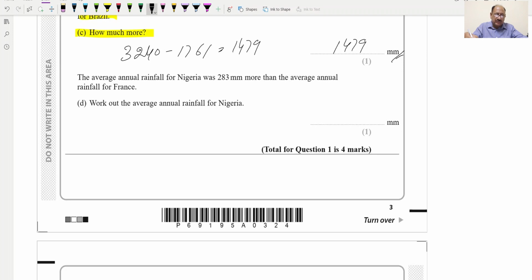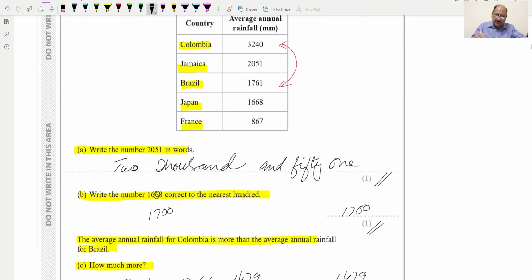Next is the average rainfall. The average rainfall for Nigeria was 283 more than the average annual rainfall for France. Work out the average rainfall for Nigeria. So for France, it is this one, 867.